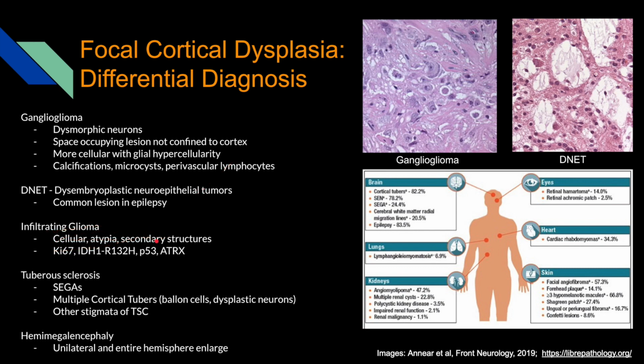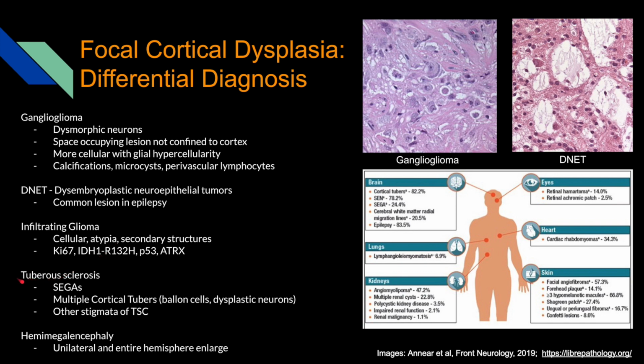You want to rule out an infiltrating glioma. Usually these in the younger population that are peripheral are IDH mutated, so using antibodies such as the IDH1 R132H can readily identify it if you're not sure if it's subtle.